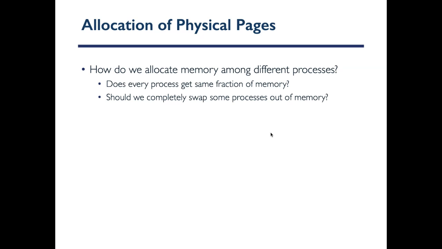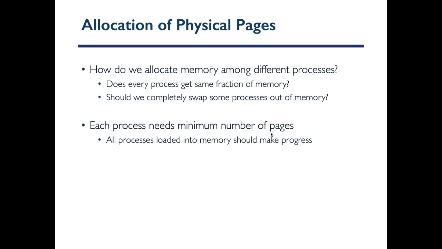Should we let them all share and use as much as they need? Should we, let's say, if we find out that the memory is stressed and we don't have enough space, evict an entire application out of physical memory, basically pausing an application so that other applications at least run smoothly? And if so, which application should we pick? So these are questions that operating system designers have to answer.